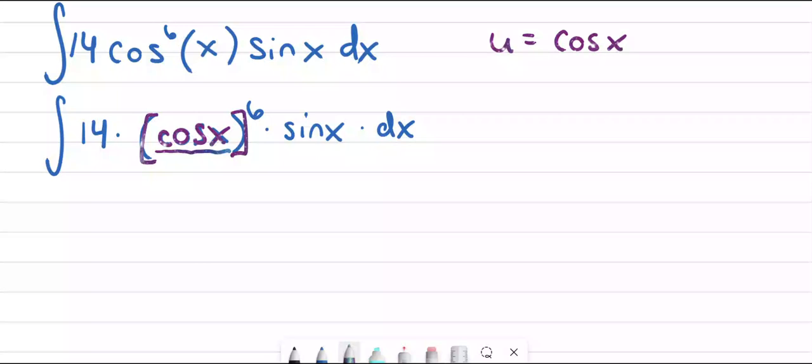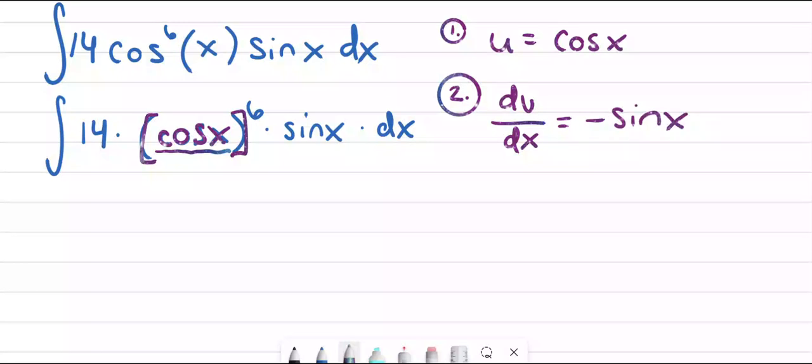And so then step 1 is choose your u. We can even label them if we want to. Step 2 is take the derivative of your choice for u. So that's du dx, and derivative of cosine is negative sine. And then step 3 is get dx by itself, because we're going to try to replace everything we can in this original function, right?